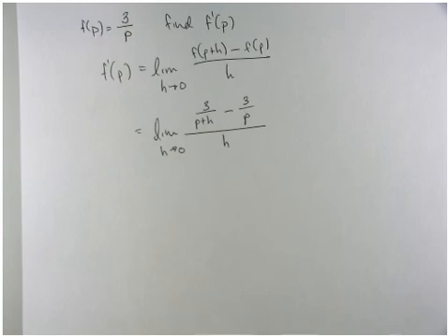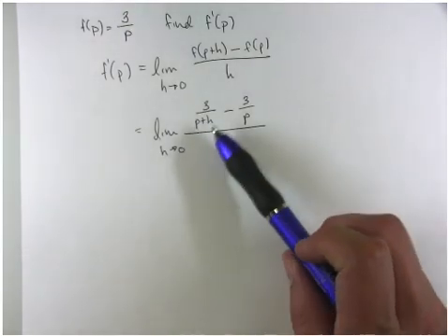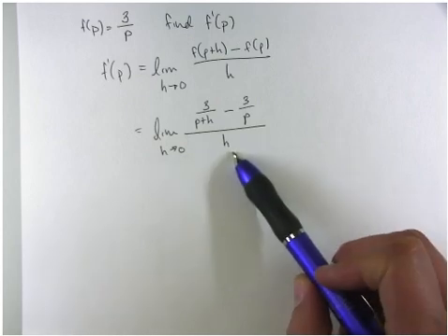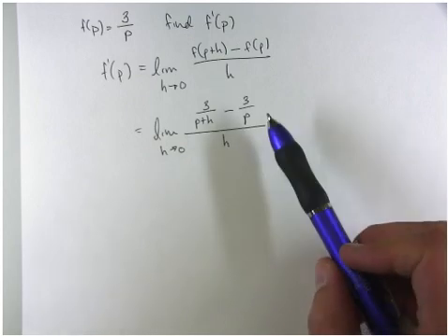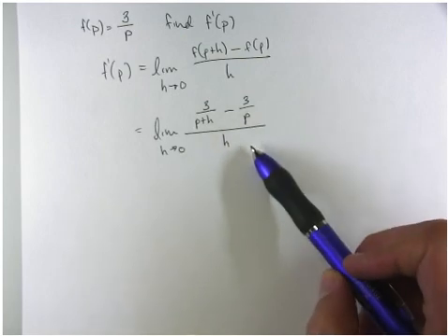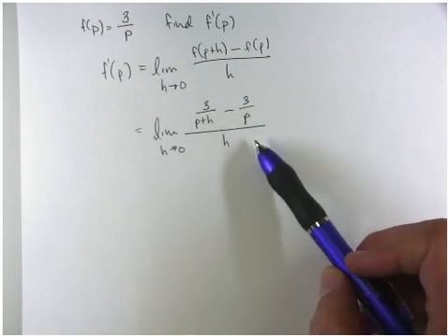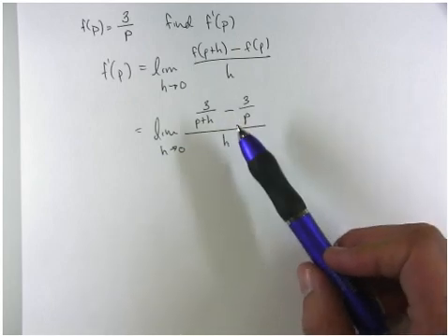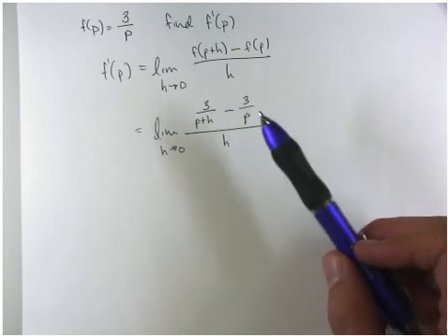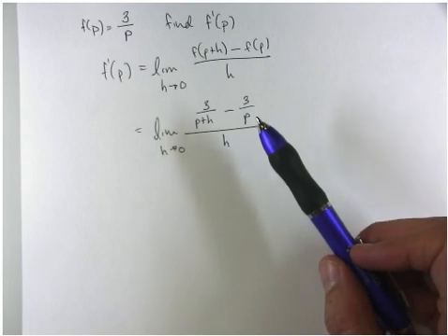Remember, my problem here is that if I plug 0 in, I get 0 over 0. I've got this 0 in the denominator, and I desperately want to get rid of this h. So hopefully by getting rid of this situation where I've got fractions in fractions, a factor of h will resolve itself in the numerator, and I'll be able to cancel it out.